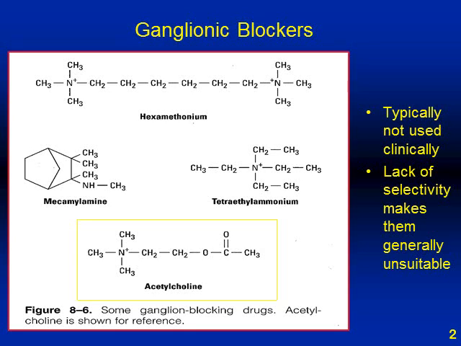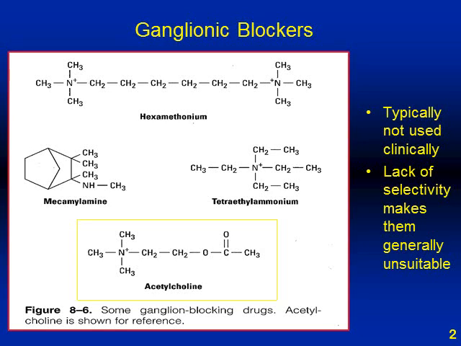You see things here like hexamethonium, tetraethylammonium, and mecamylamine. Now, of those three, mecamylamine is really the only one that is used clinically. Hexamethonium and tetraethylammonium are not encountered clinically, more encountered in the research setting.